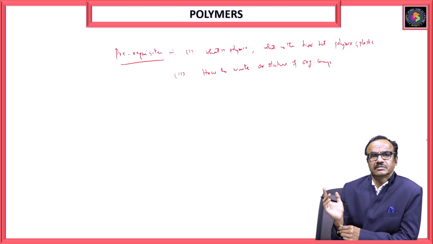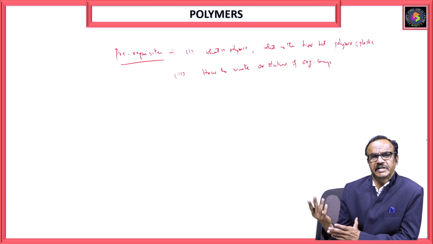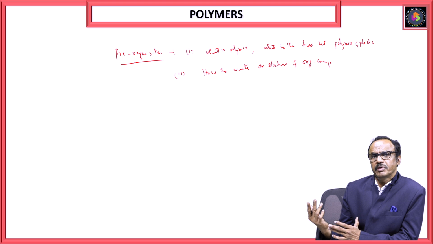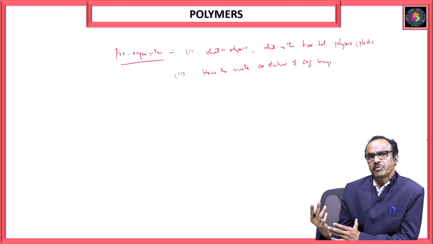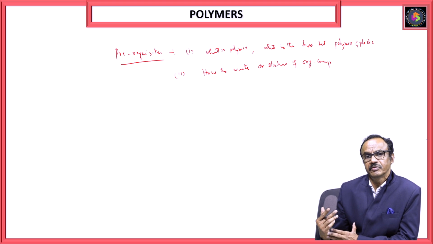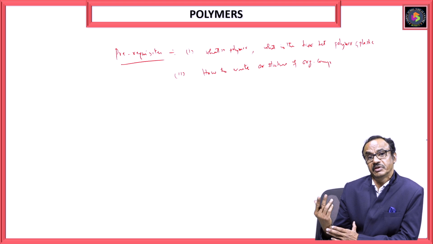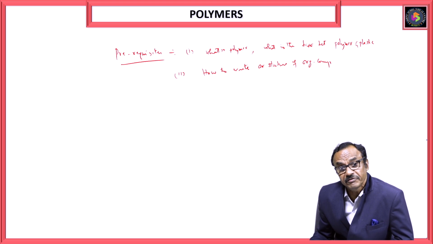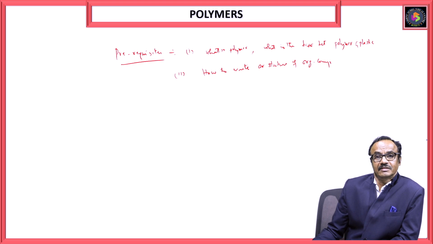So polymer is a common, lengthy, bulky product formed by the combination of three or more smaller units.